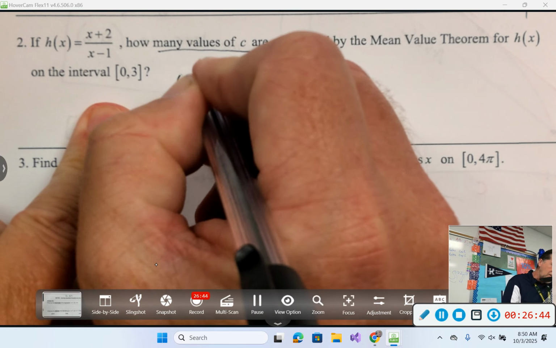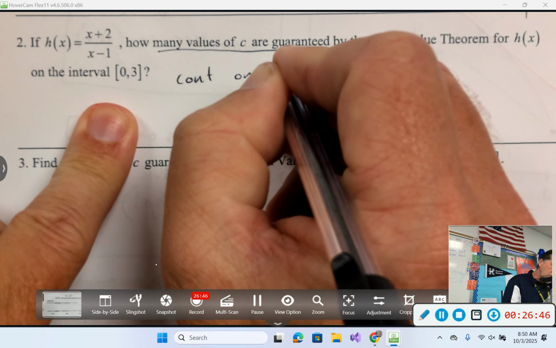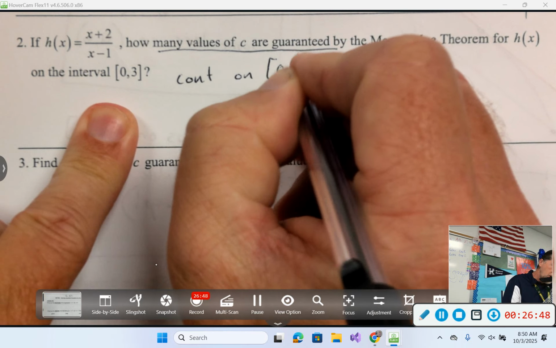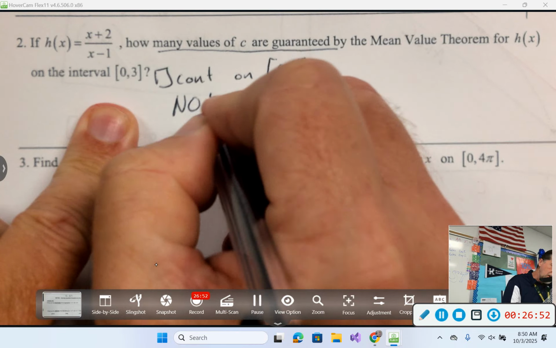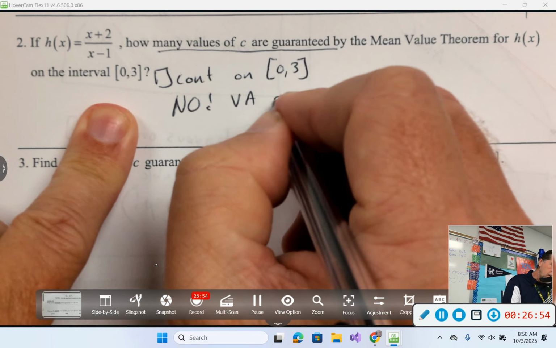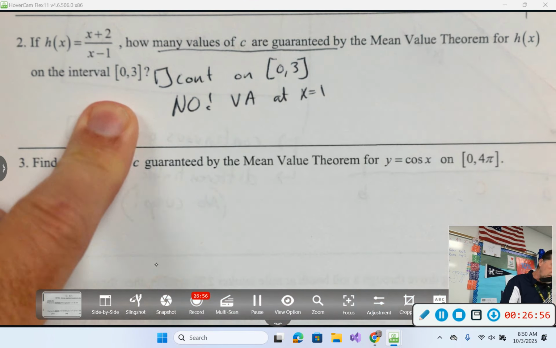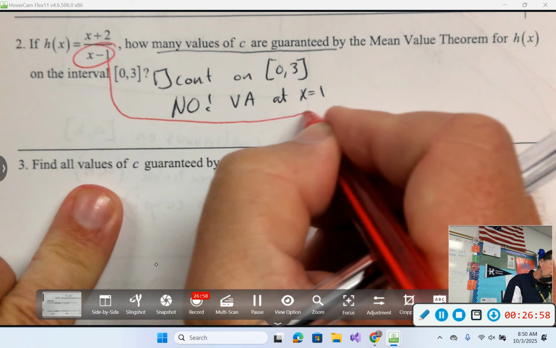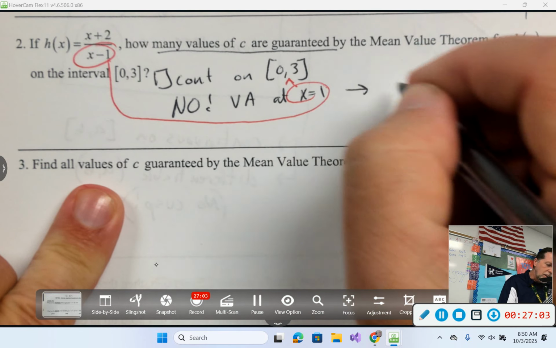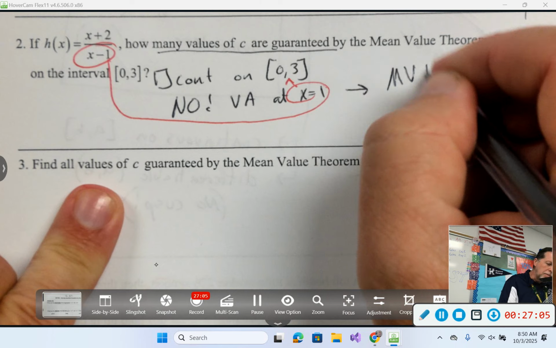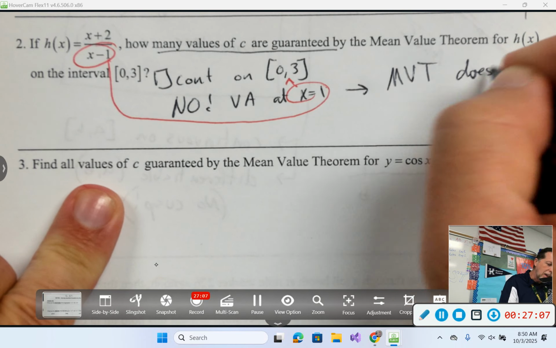Is this thing continuous on 0 to 3? Why not? With the vertical asymptote at x equals 1, that's on my interval. So we're done with this problem. MVT does not apply.